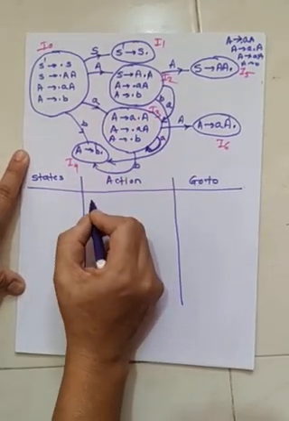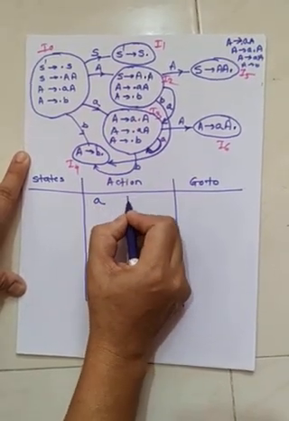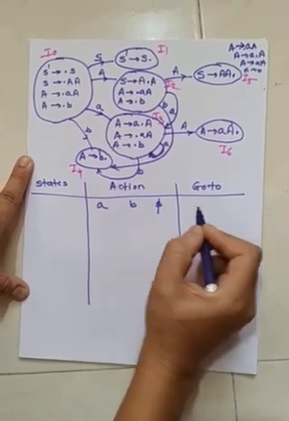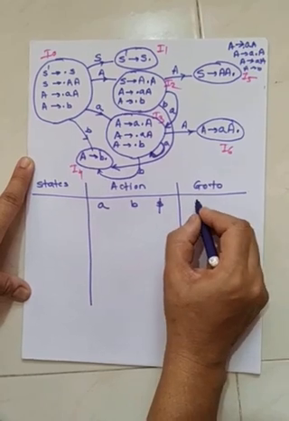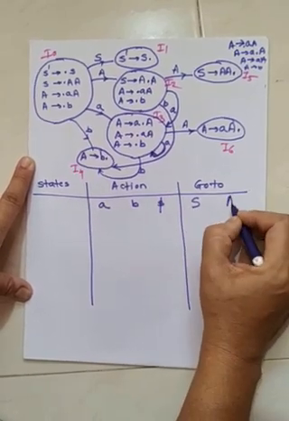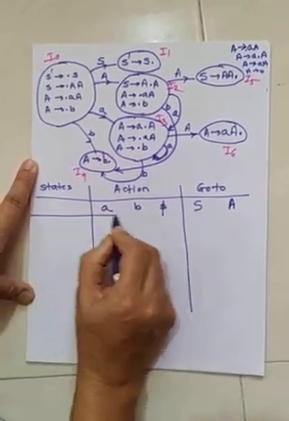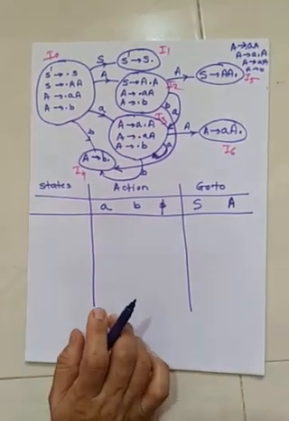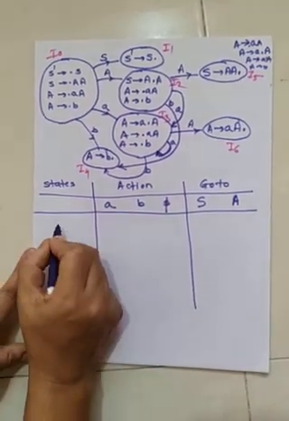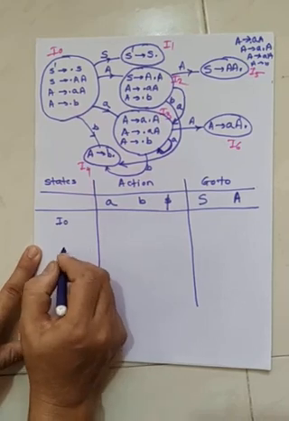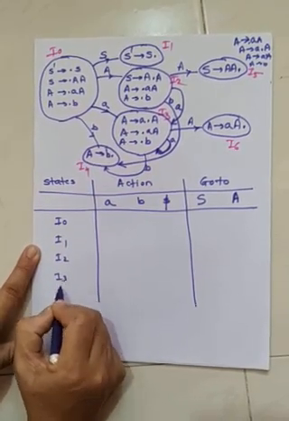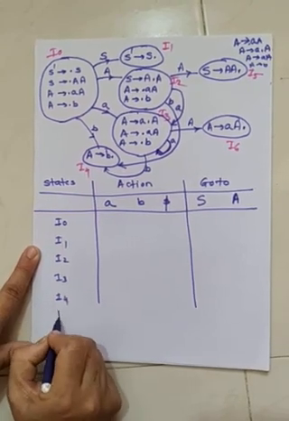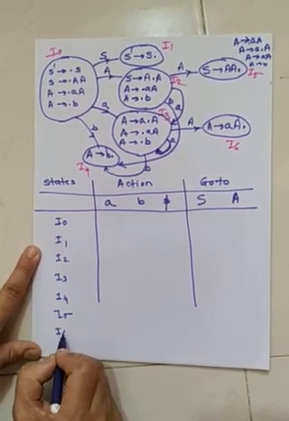Now in this grammar, the terminals are a, b and $. And in goto, we have to write all the non-terminals. So here the non-terminals are capital A and capital S. Now we have to fill this table. So first we write all the states I0, I1, I2, 3, 4, 5 and 6.